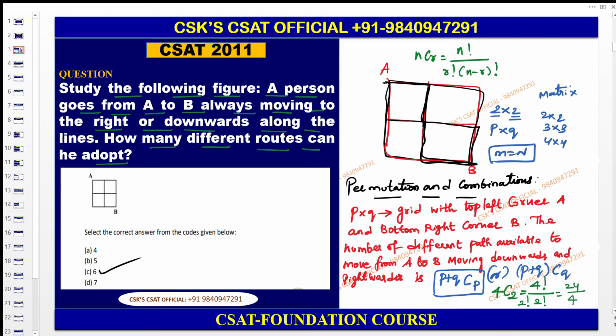Here you can cancel, which is equal to 6. You can use this method also. Learning this method will help you to solve. Take these notes in your notebooks. During revision also it will help. Shall we move on to the next year? Sir, 2 into 2 again.